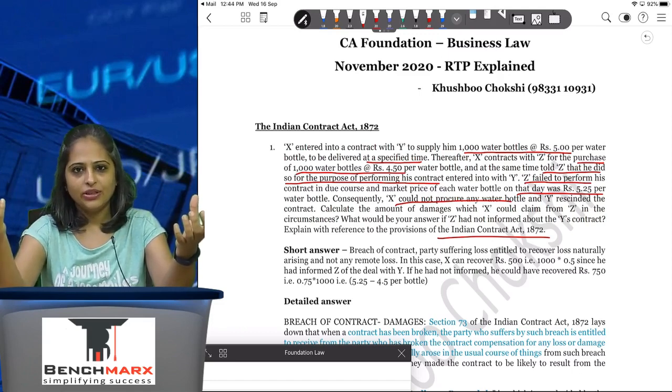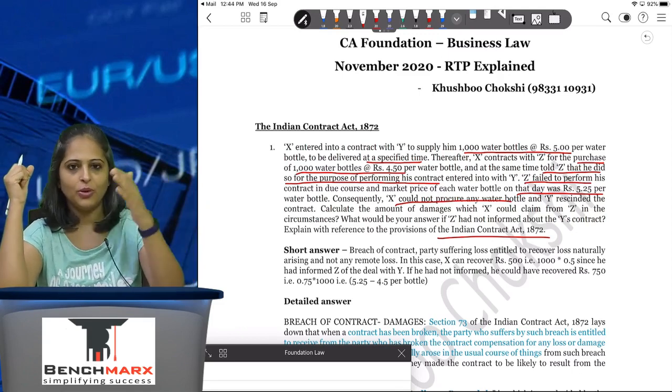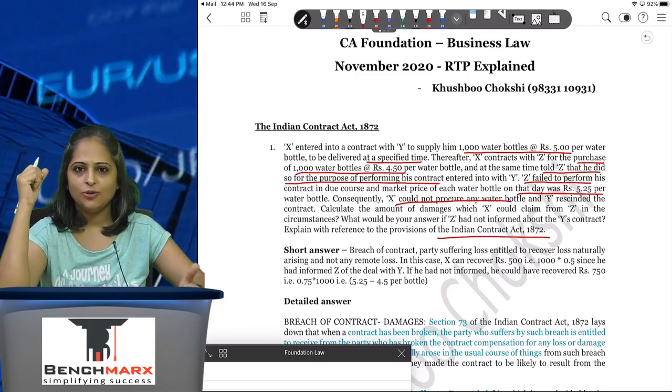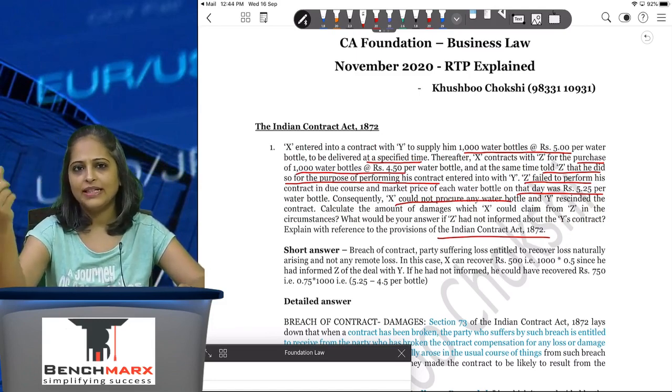X, when entering into an agreement with Z, has informed Z that he is going to sell the product to Y at 5 rupees per bottle. So when there is a breach of contract, because he's informed Z that he's going to sell it at 5 rupees per bottle, the damages which he can recover is the actual damage which is incurred in the usual course of business.